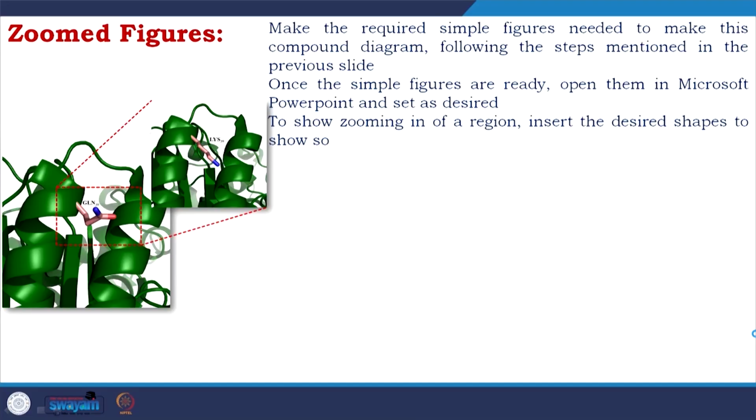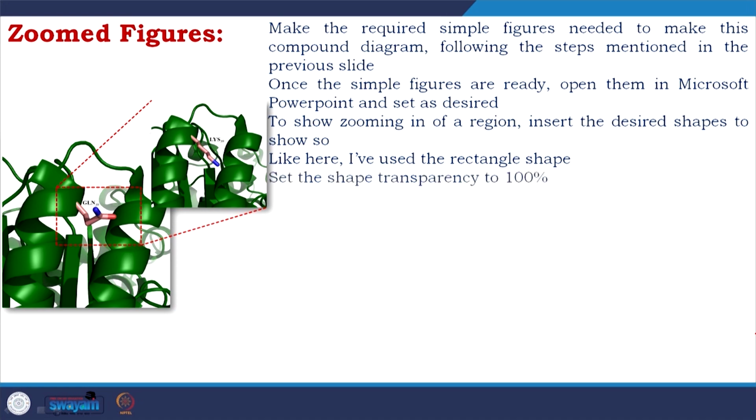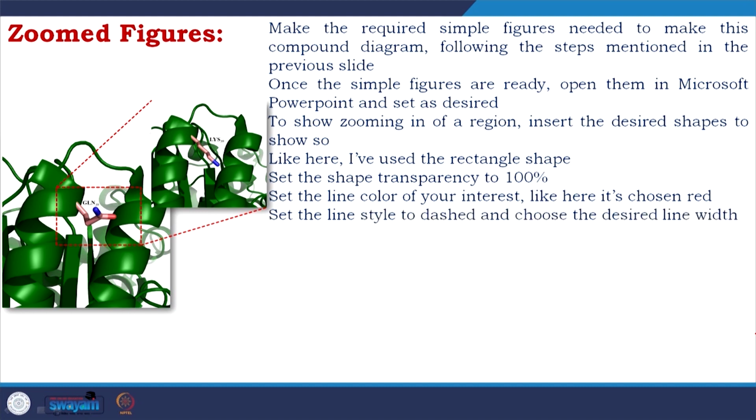To show zooming in of a region, insert the desired shapes to show that. Here you see we have used rectangle shapes, you could use rectangle shape, you could use any other shapes. Set the shape transparency to 100%, set the line color of your interest, like here we have chosen red. Set the line style to dashed and choose the desired line width.